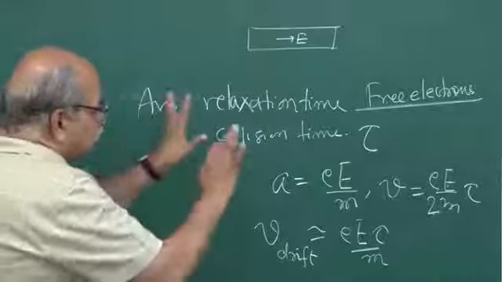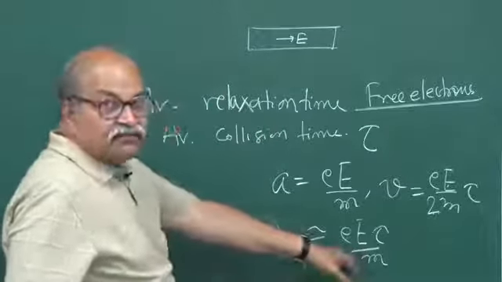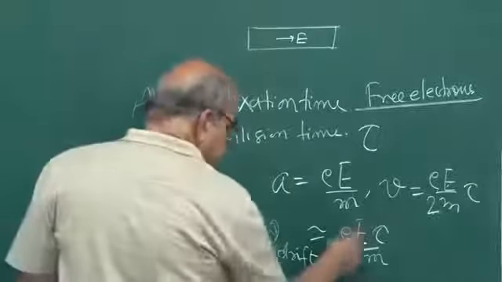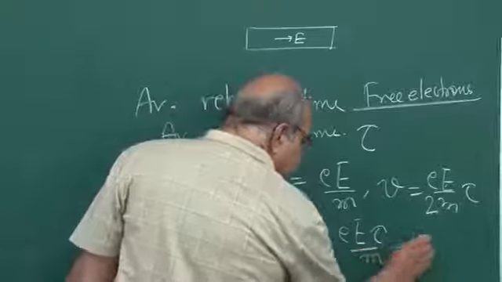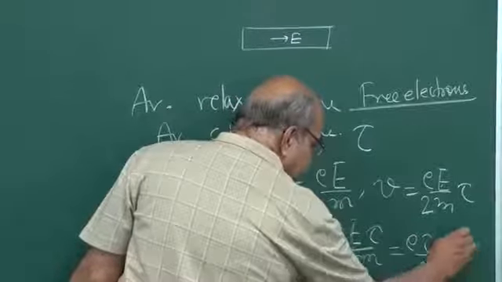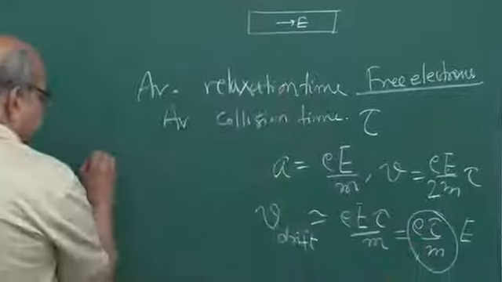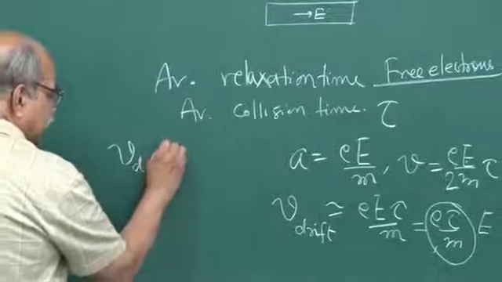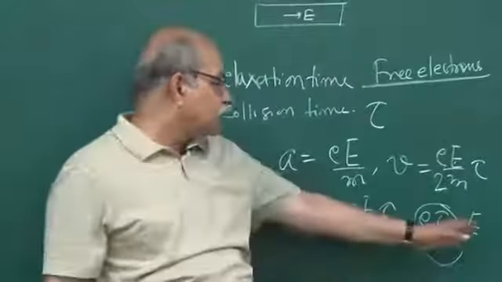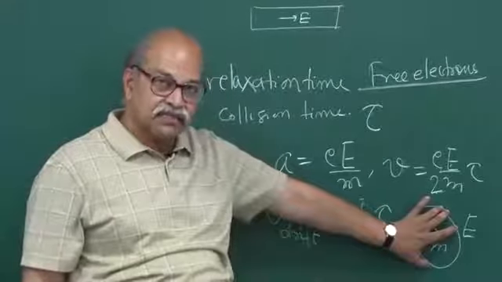And if the electrons are drifting with on the average this kind of velocity, then you can work out, by the way, you also write it as E tau by m times capital E, so Vd is proportional to E. In this calculation, E tau by m is the proportionality constant.